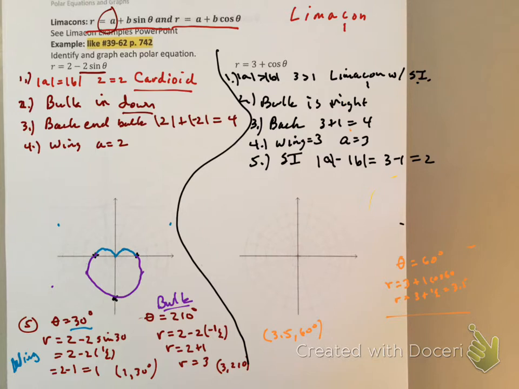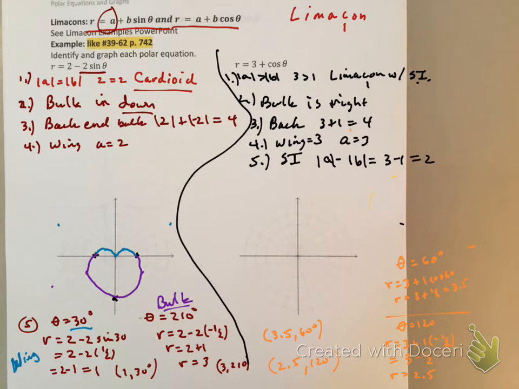Now, I don't want to pick 300, I want to pick 120 because I need it when it's going to be negative. So when I put that in, it's 3 plus 1, and the cosine of 120 is a negative 1/2. So this is 3 minus 1/2, and you get 2.5. So the other point is 2.5, and it's going to be 120.